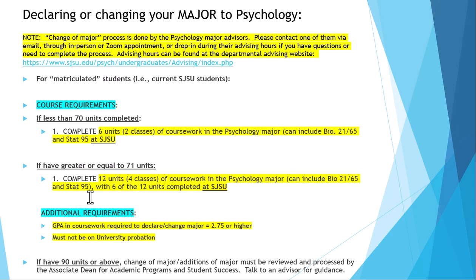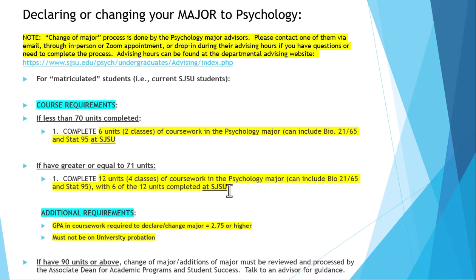The only restriction is that from those 4 classes, 6 units or 2 courses have to be completed at San Jose State. The other 2 classes of the 4 classes can be from a community college or from another 4-year institution, but at least 2 of those 4 classes have to be completed at San Jose State.